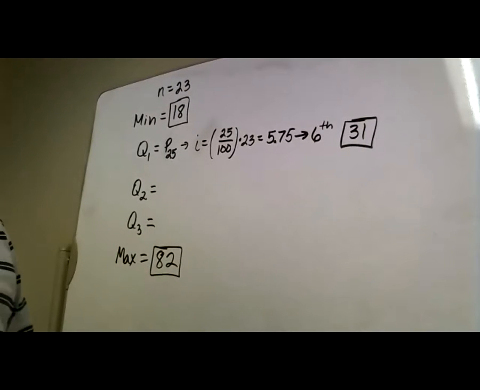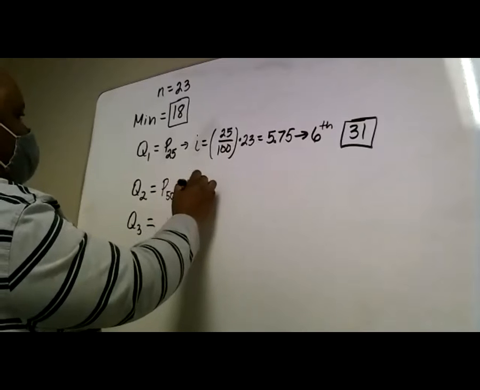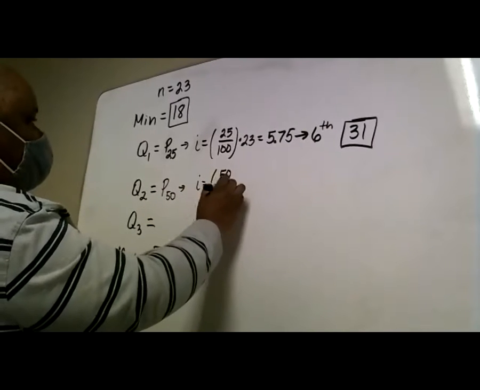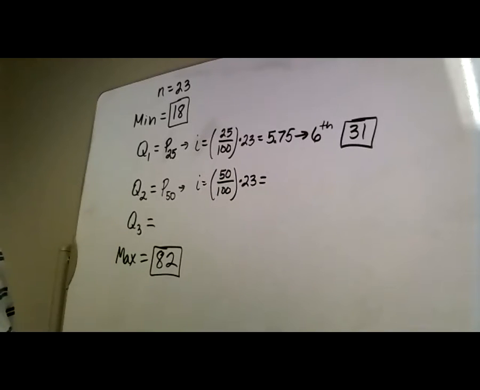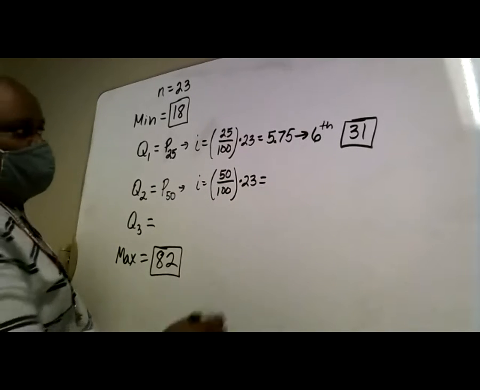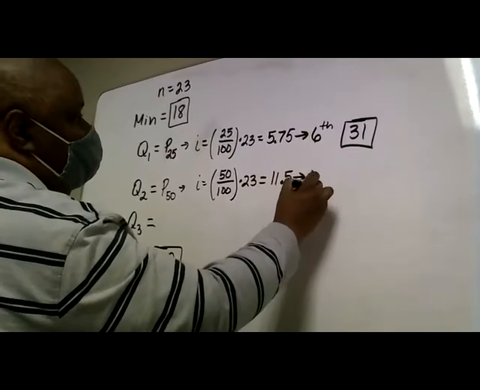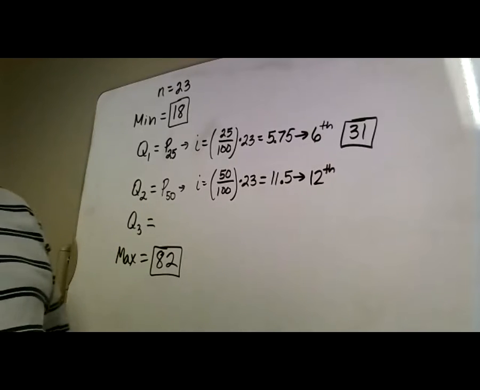I'm just boxing in the numbers that are in our 5-number summary. And then for Q2, that's of course the 50th percentile. So we do 50 divided by 100 times 23. You'll get 11.5, so that means we have to round this up to 12.